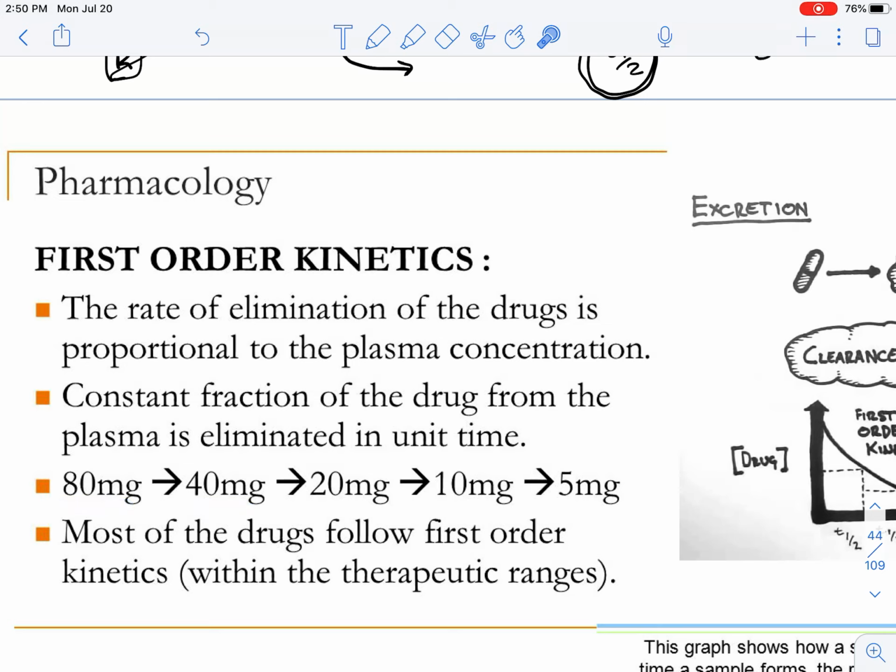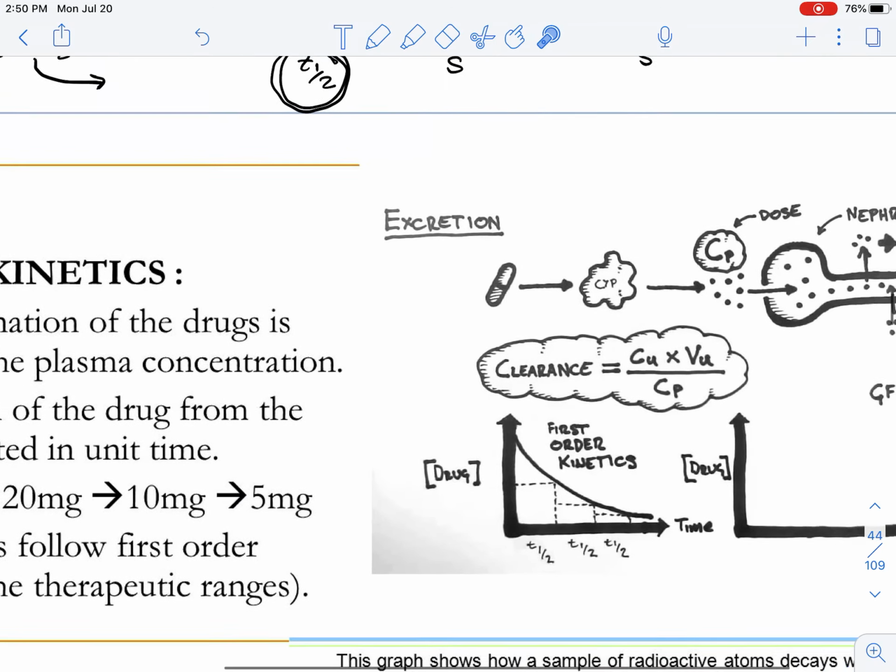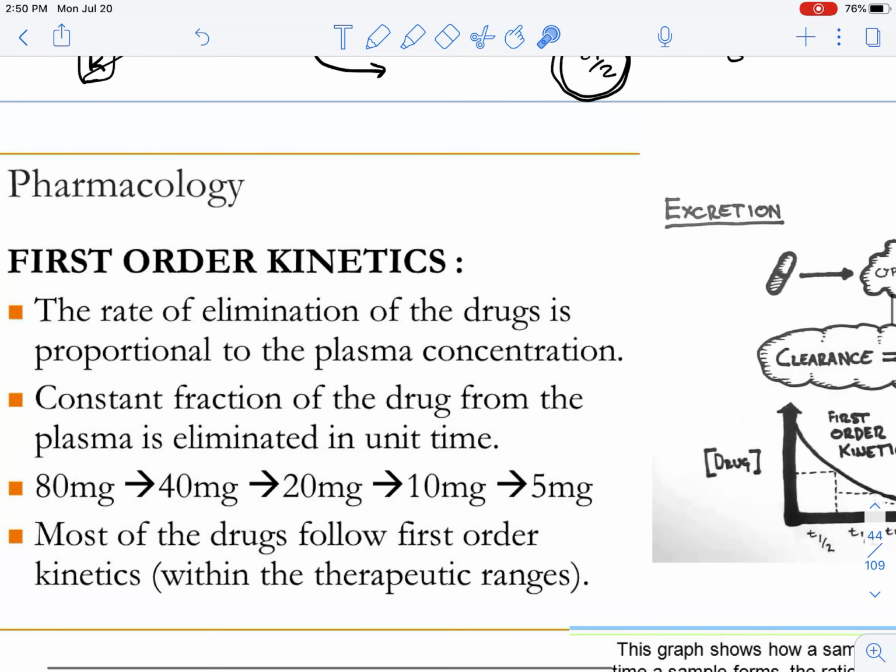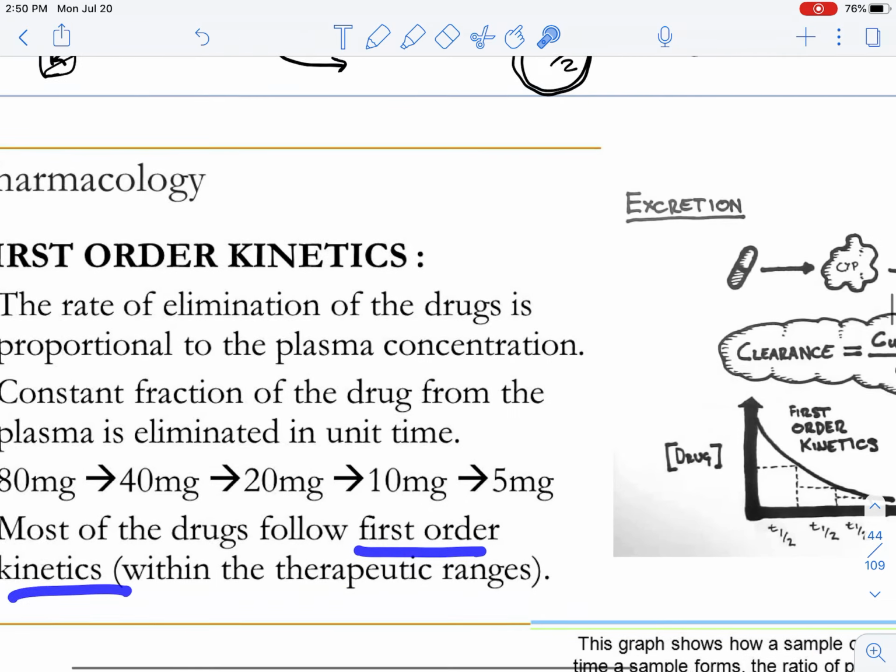For example, this could be 7 seconds, 7 seconds, 7 seconds. And so the elimination of pharmaceutical drugs within therapeutic ranges typically follows first order kinetics.